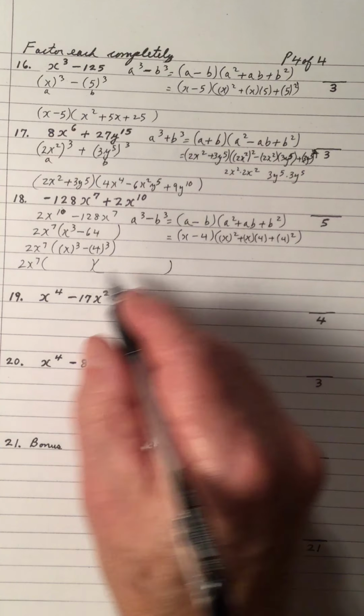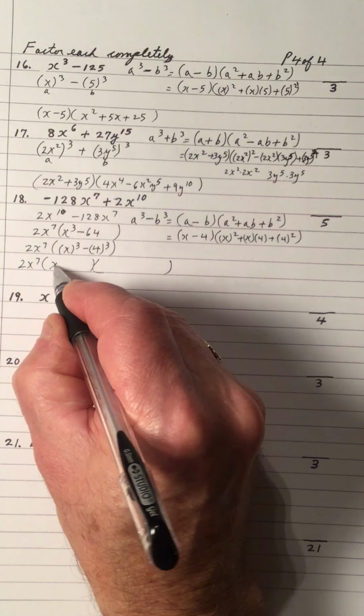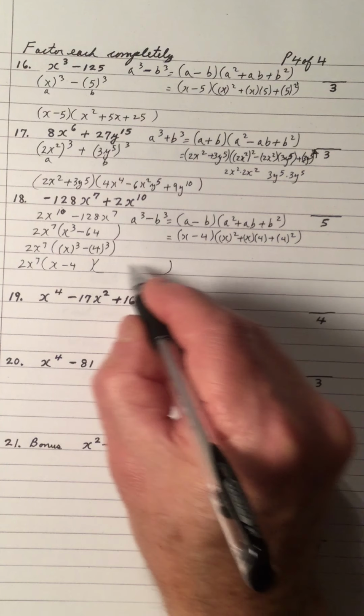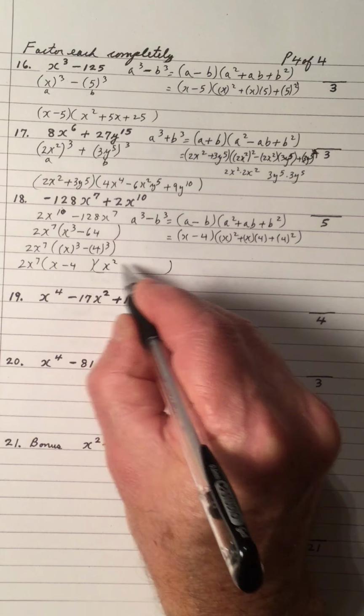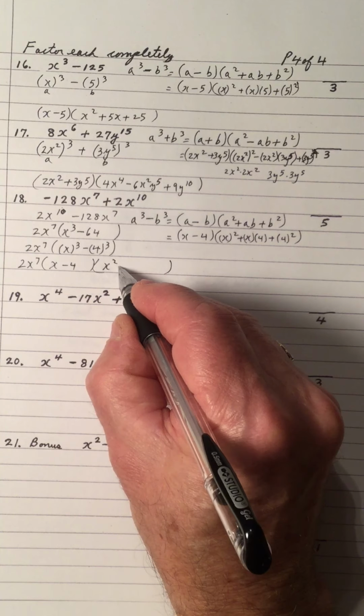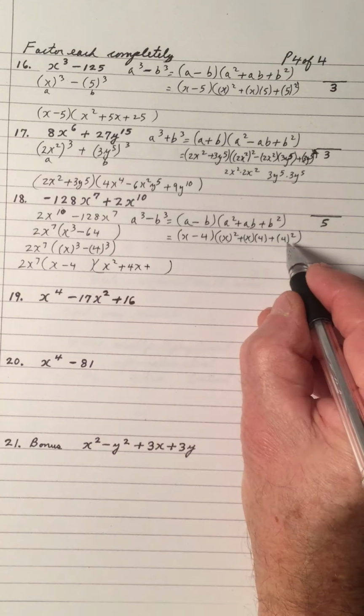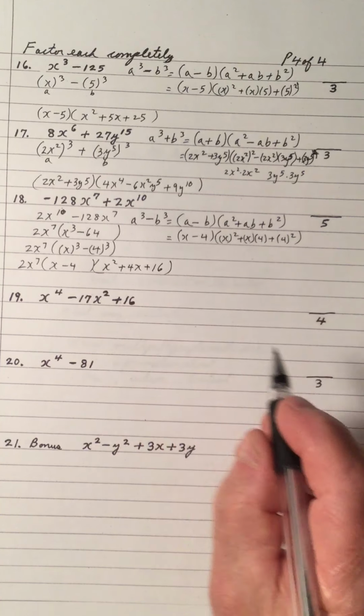So I have it all filled in. So this first bracket is x minus 4. The second bracket is x being squared. X times x is x squared. And a positive 4x. And a positive 4 squared. 4 times 4 is 16.